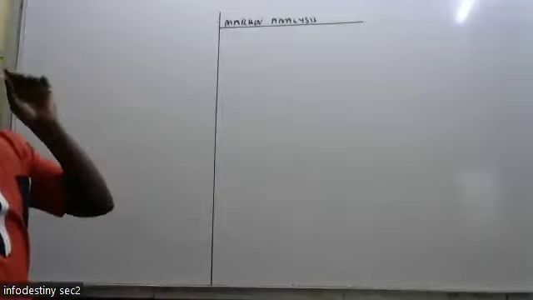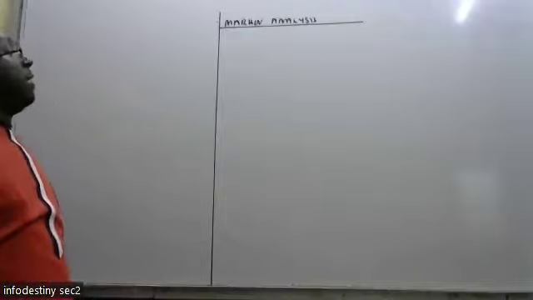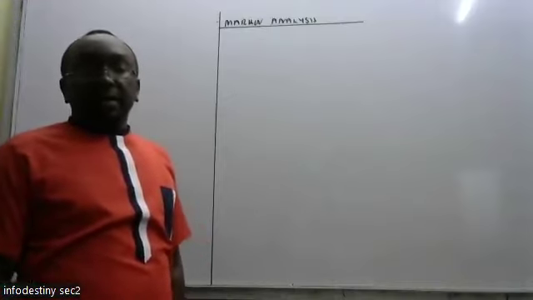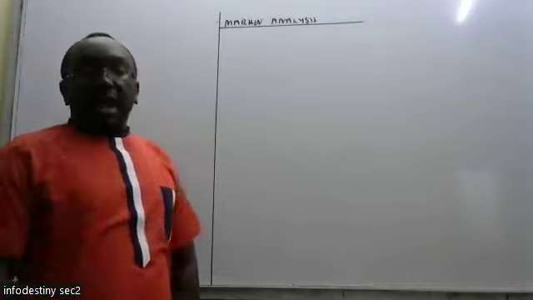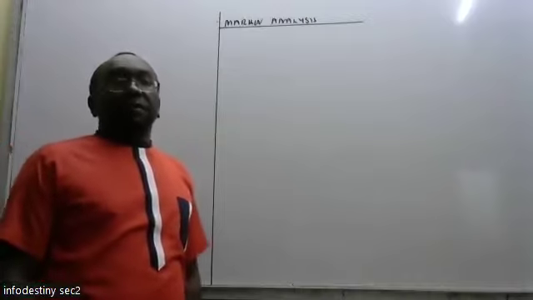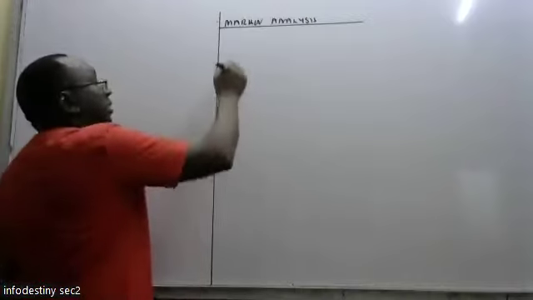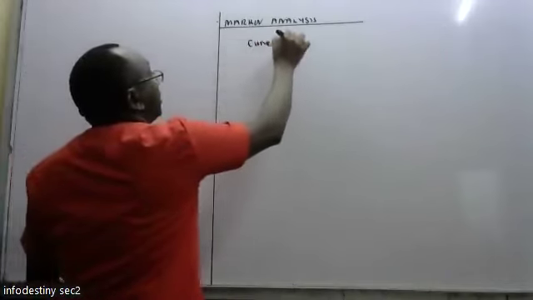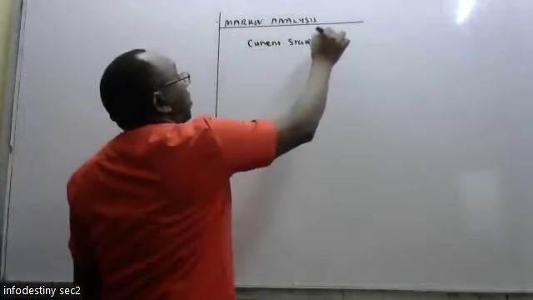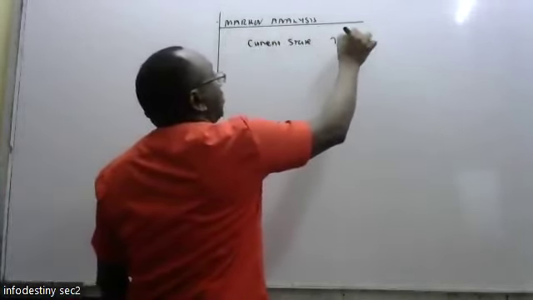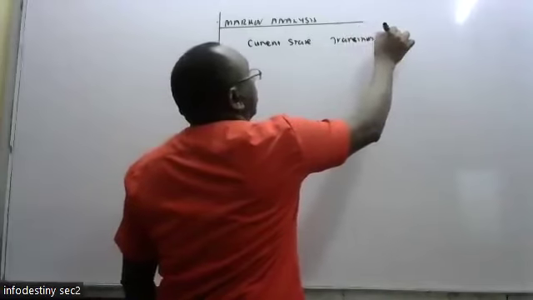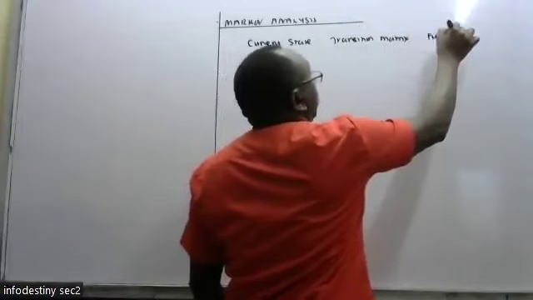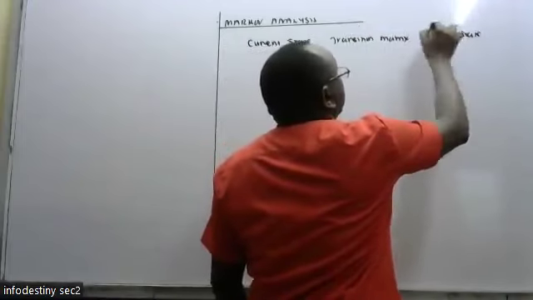So the Markov analysis is a probabilistic technique that is used to study how events move from the current state to the future state. We normally have what we call the current state, and then we go through what is known as the transition matrix, and this now gives us what we call the future state.